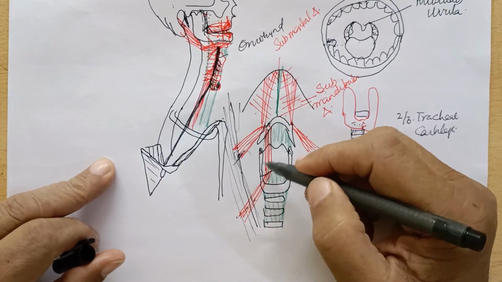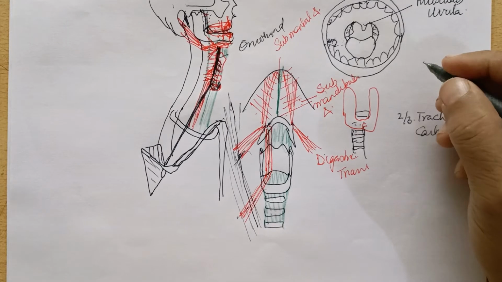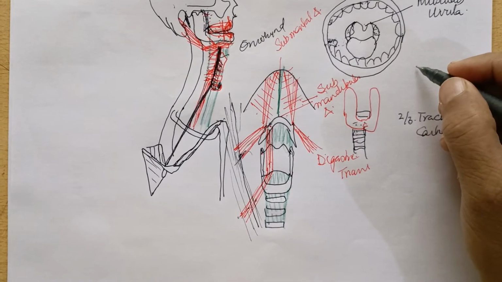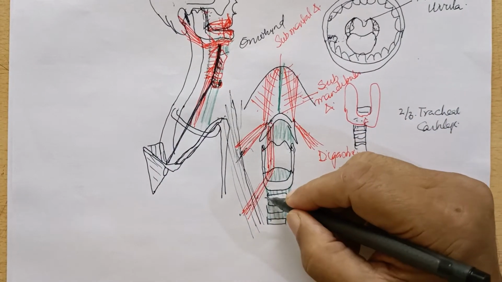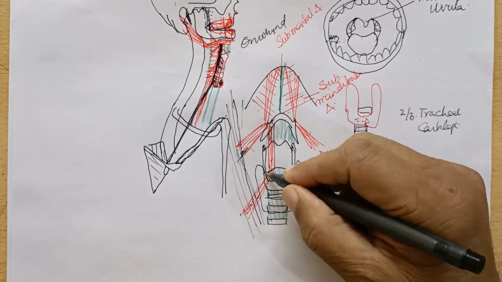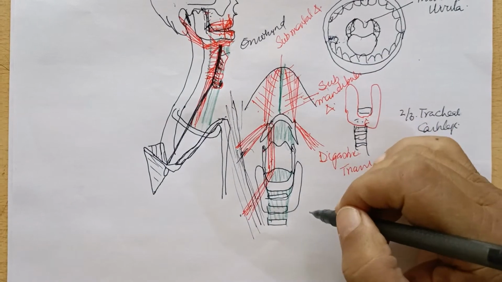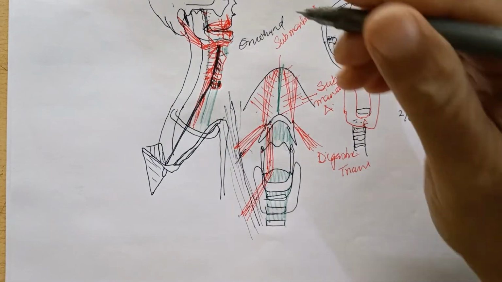This forms another triangle which is called the cervical triangle. So here you have the thyroid gland like this. So this is the muscular structure of the viscera of the neck.